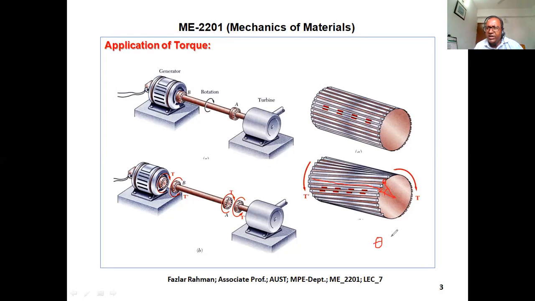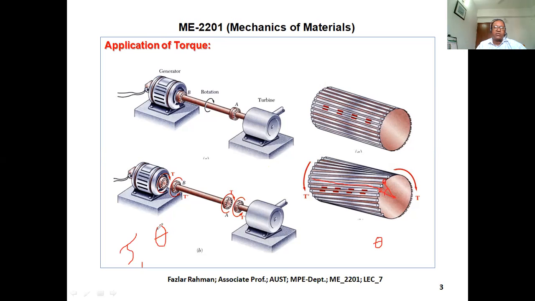You see, due to the bending moment, you have stress sigma equal to MC over I, and you have the deflection of the beam bend. But when you apply torque, instead of bending stress, shear stress is developed. And instead of lateral deflection, it has angular deformation.